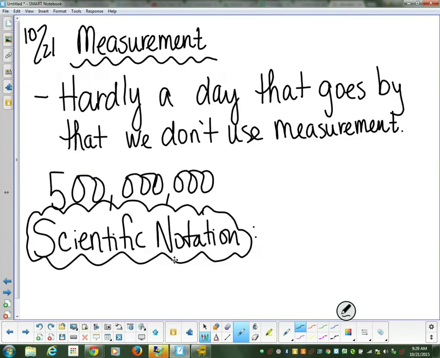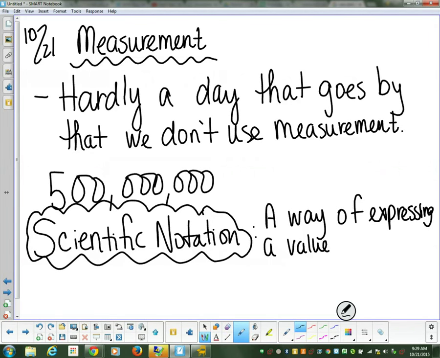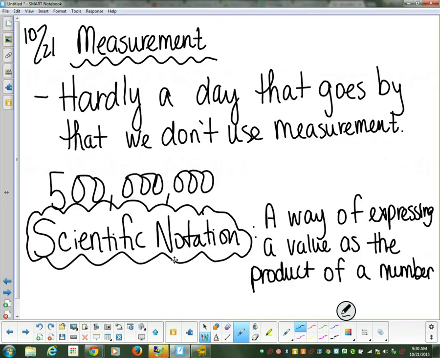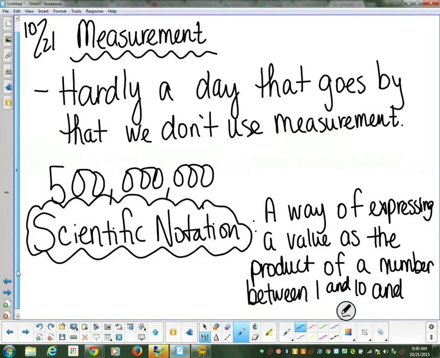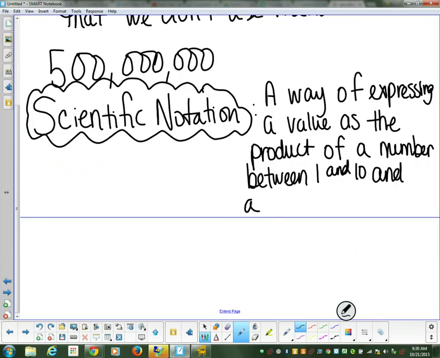Scientific notation is a way of expressing a value as the product of a number between 1 and 10 and a power of 10.